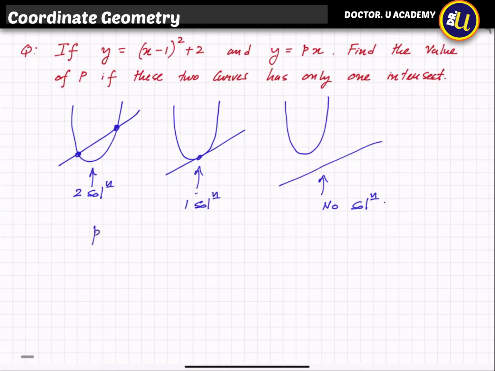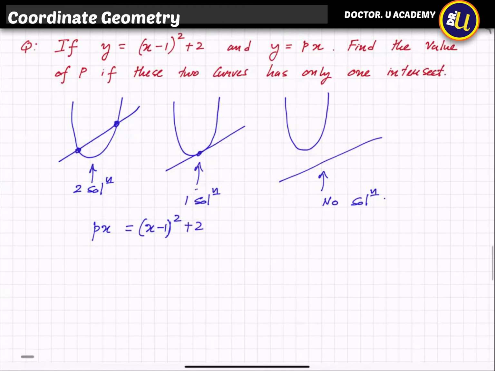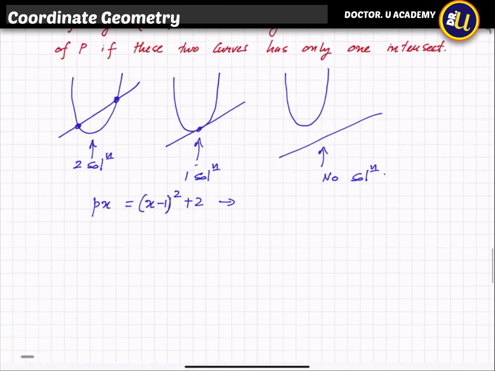So px is equal to (x minus 1) squared plus 2. Now what I will do, I will simplify this one. The right hand side I will simplify, which is this plus 2. Now if I further simplify, you get x squared minus 2x plus 3 is equal to px.